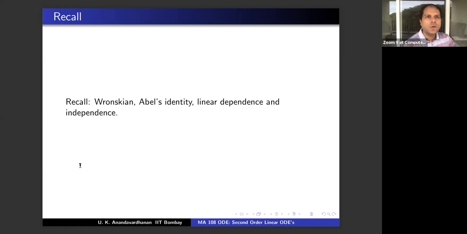On the other hand, if the Wronskian is zero at any one point, then it is identically zero. And then we concluded that f and g are linearly dependent, provided f and g are solutions of a second order linear homogeneous differential equation in standard form with continuous coefficients. Here continuity is important. Okay, and we saw the proof of this result also.